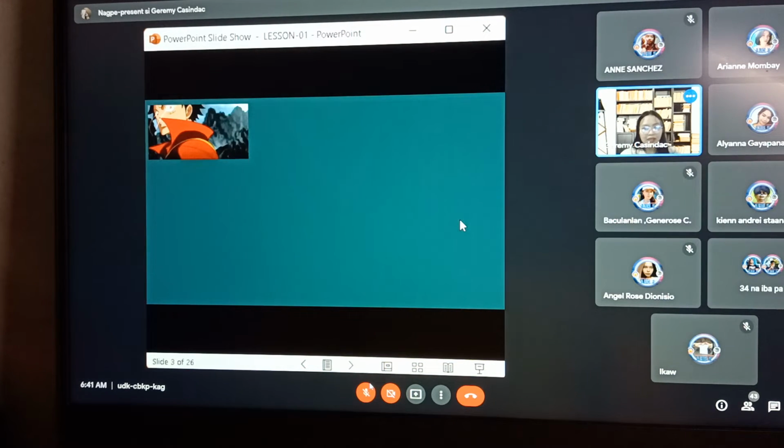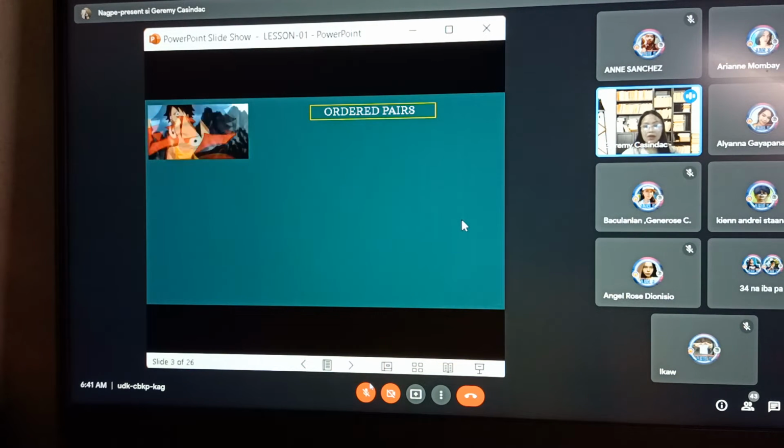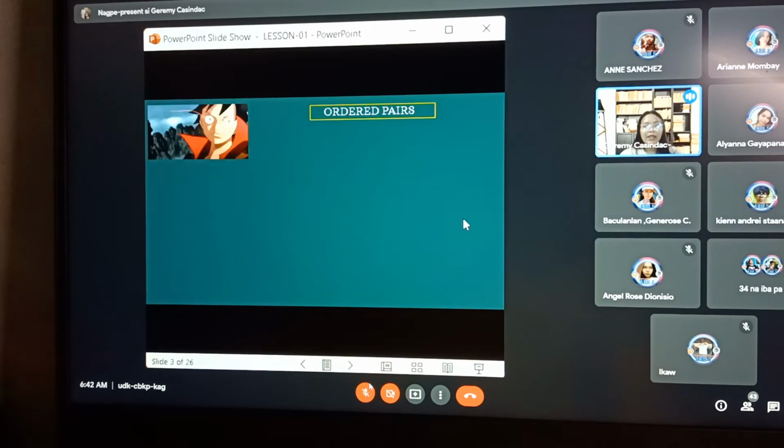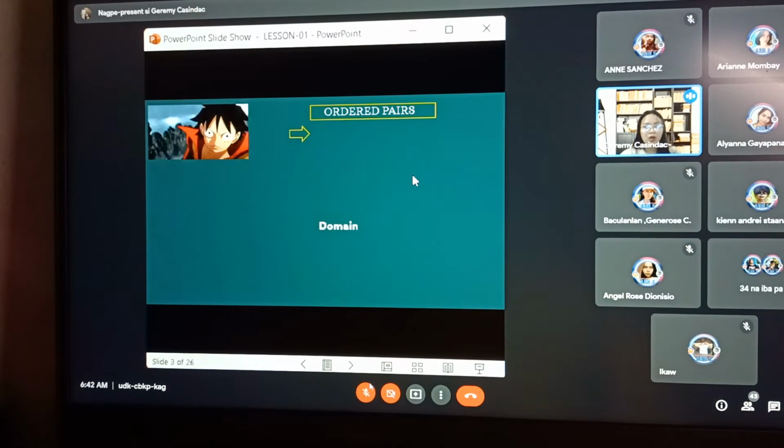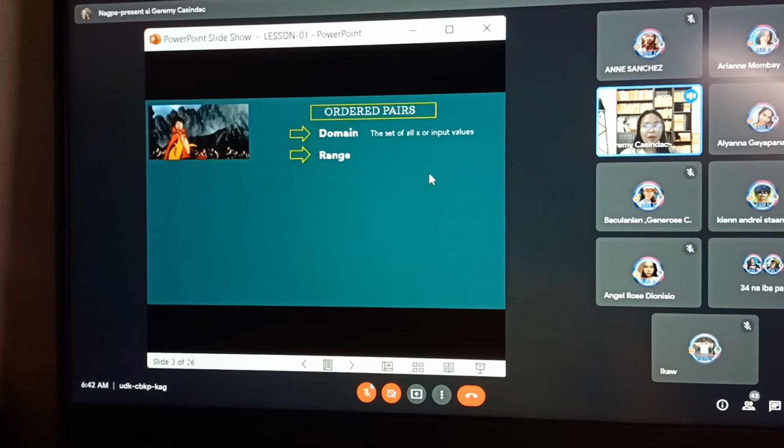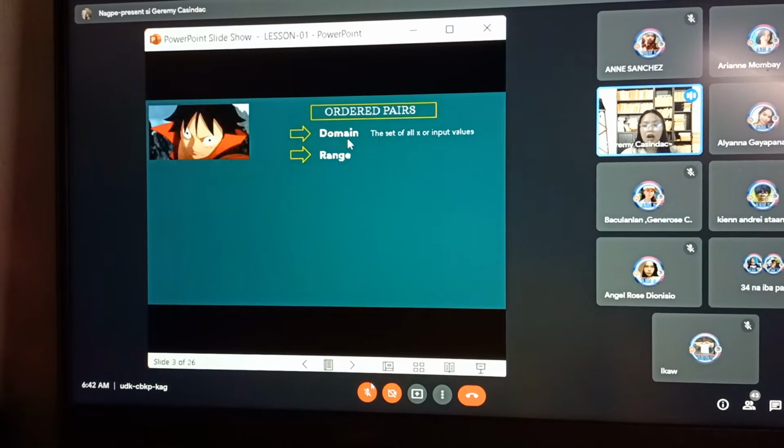We are going to discuss further the domain and range, and also the ordered pairs. So what are ordered pairs? We have two parts or two items in an ordered pair. The first one is the domain, and the second one is the range. Please read the meaning of domain.